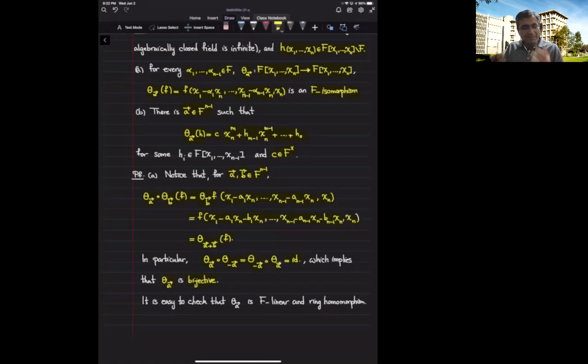Now, the fact that this is a ring homomorphism, an F-linear ring homomorphism, is rather easy. Again, the whole point is that it's a combination of this linear change of components and evaluation. And because it's essentially, at the end of the day, an evaluation map, that gives us the fact that it is indeed a ring homomorphism, and it's an F-linear map as well.